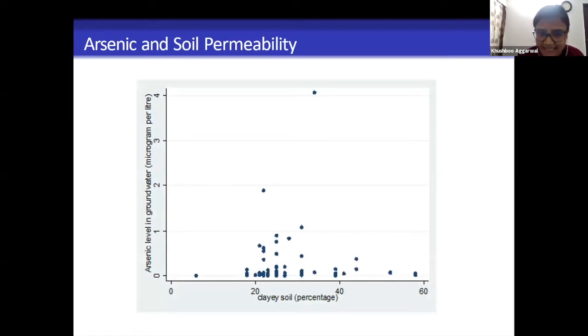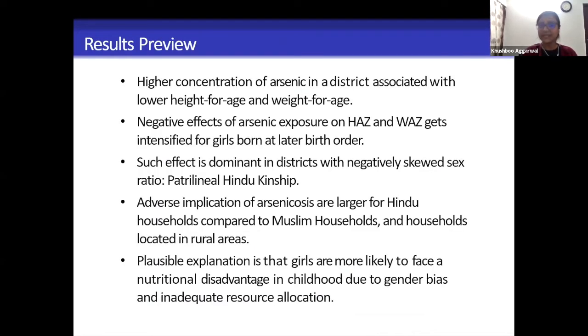As you can see in this diagram, there is a strong positive correlation between the presence of arsenic in groundwater in a region and the presence of clay soil, measured as a percentage in that region.